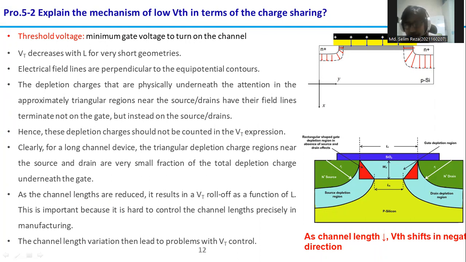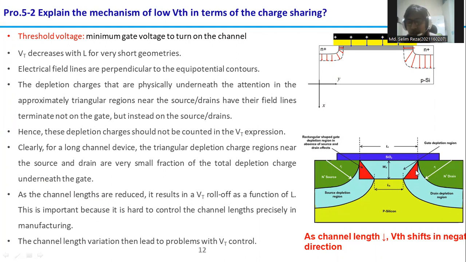You can see the red region is not more affected by the drain and source. The rectangular shape of the gate depletion region is in the absence of the drain and source effect. We cannot see any effect in this region and for this region.